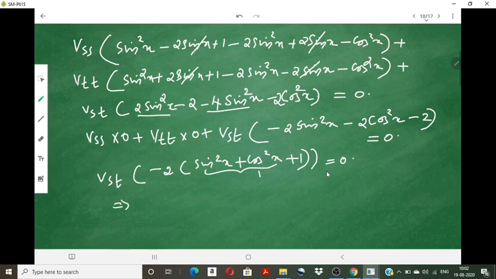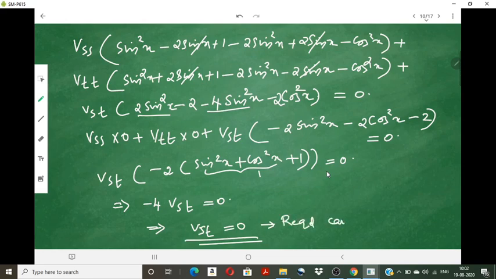So we will obtain minus 4 into V_ST equal to 0. Since minus 4 is a number, we will obtain V_ST is equal to 0. This is the required canonical form of equation 1.